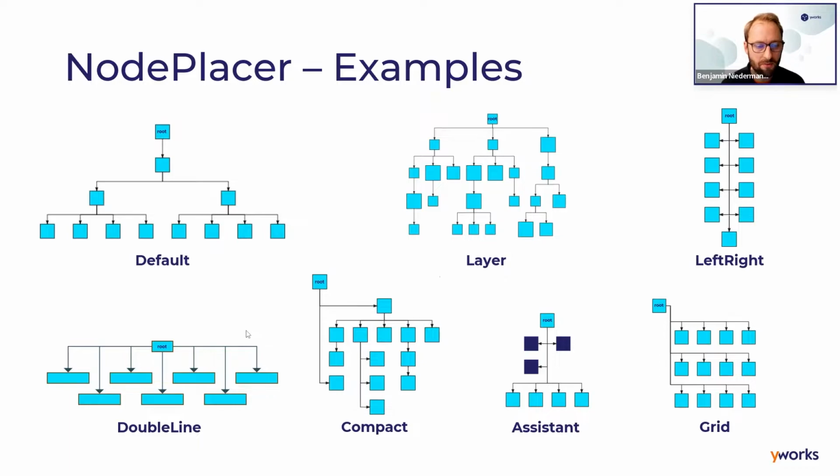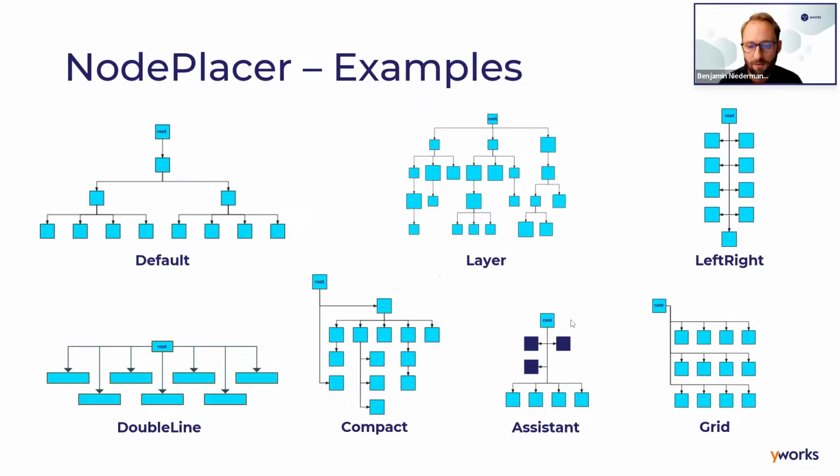And continuing with the node placers shortly, the double line: the idea is that the subtrees are placed in 2 lines so that they are alternating, which makes the drawing a bit more compact. Then there's also a compact node placer, which is really optimized for the case that we want to save space and want to have a very compact drawing.